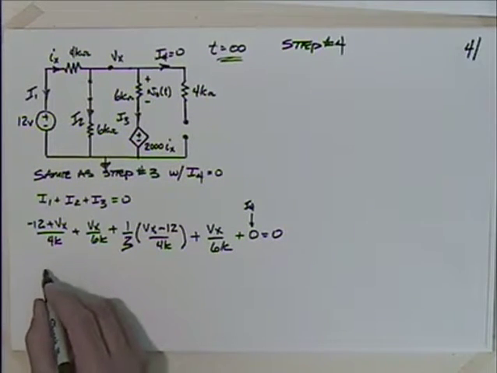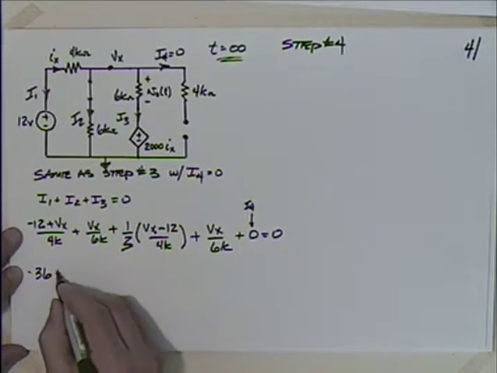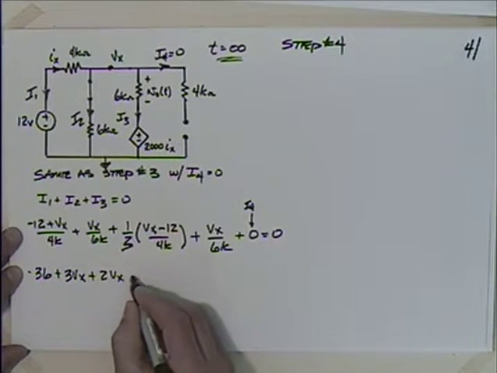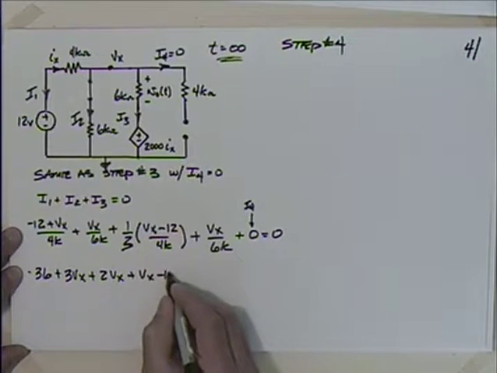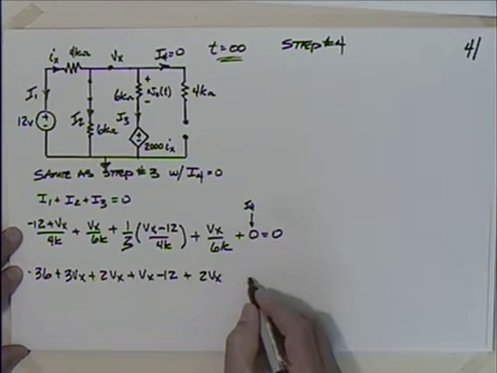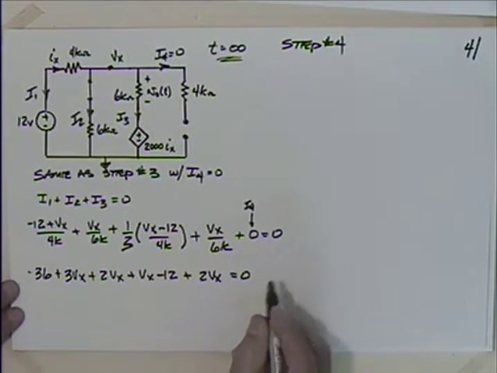Okay, so I've got something like that. I think I'll multiply this again by 12k. So I'm going to have minus 36 plus 3Vx plus 2Vx plus Vx minus 12 plus 2Vx is equal to 0. I don't have those last two terms because I4 is equal to 0.